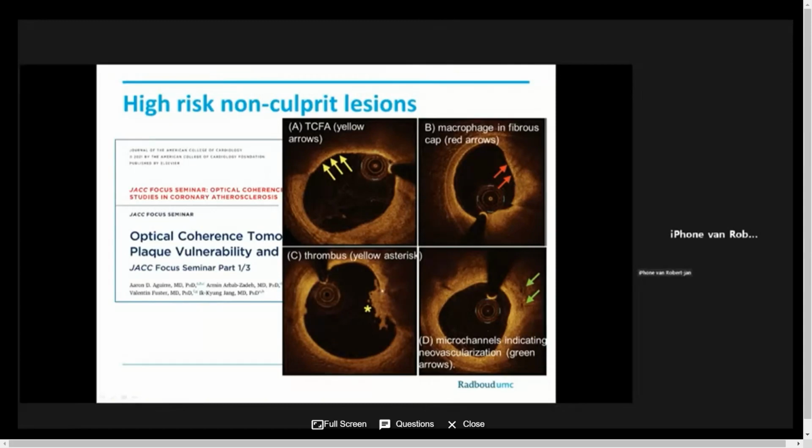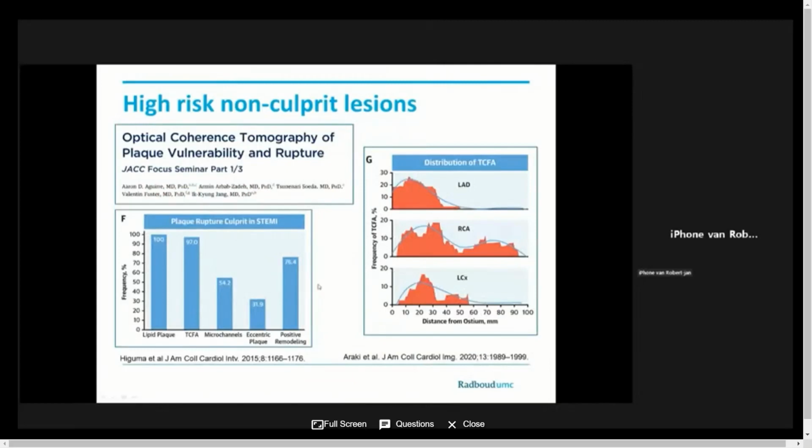It can identify thrombus, like an erosion or calcium on top of it, and microchannels indicating neovascularization. Also, all features of high-risk lesions. Now, if you looked at culprit ruptured lesions, they were frequently lipid plaques, thin cap fibroatheromas with microchannels, eccentric plaque, and some positive remodeling were all predictors.